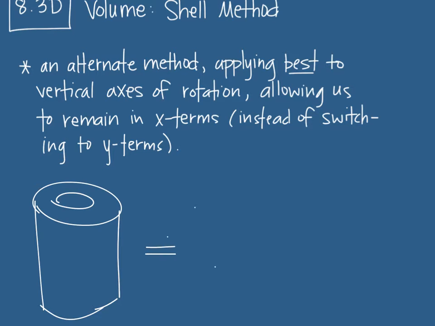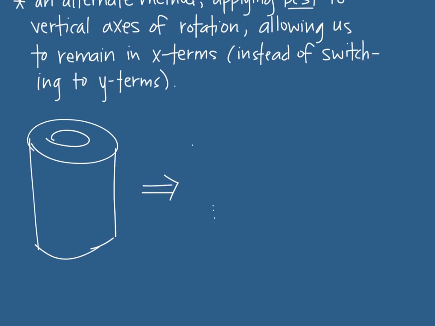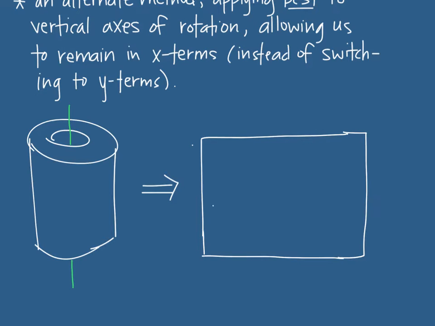Okay, so what we did is we started with a cylinder which has a vertical axis of rotation. See if I can draw this vertical axis coming through. Okay, that is the vertical axis of rotation. A single shell would unwrap to a rectangular shape.